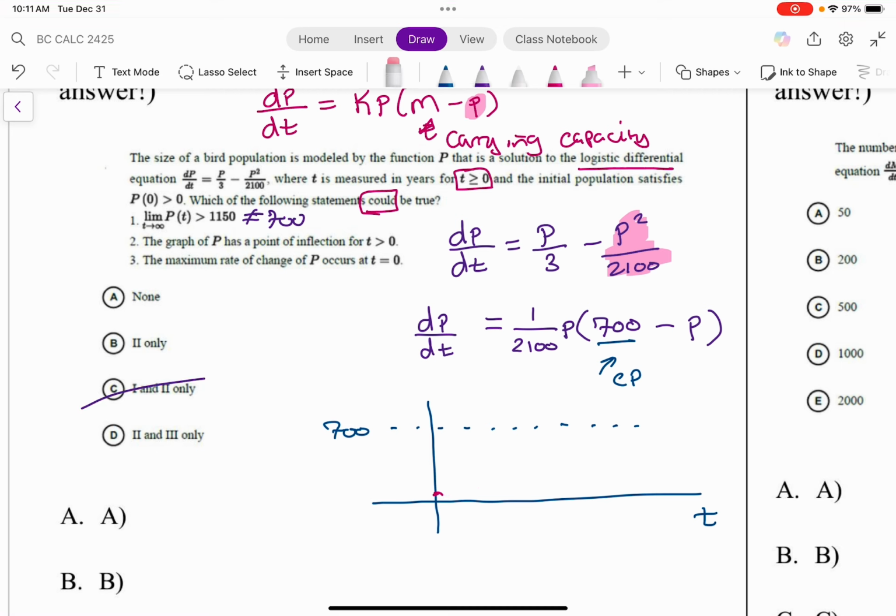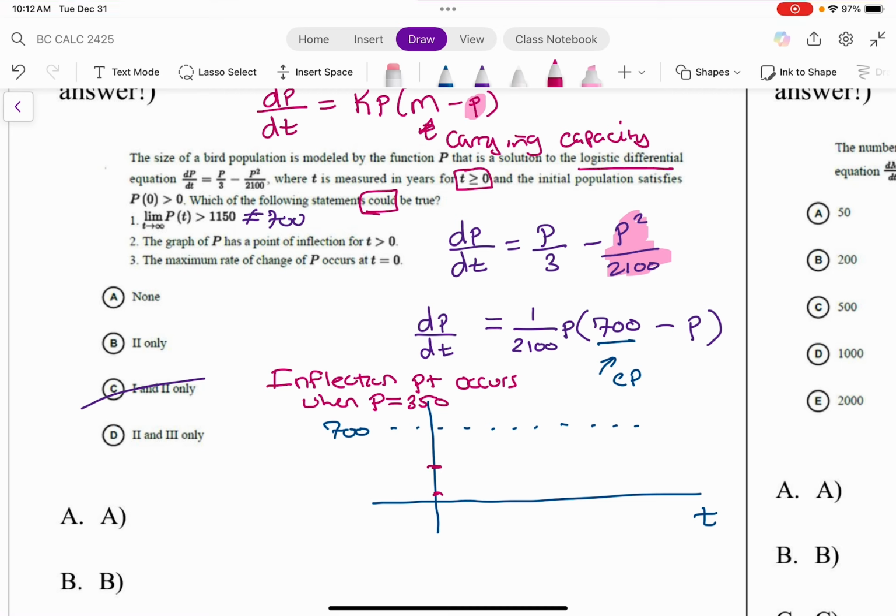Okay, let me erase this for a second. What's tricky about this says the graph of p has an inflection point for t being greater than 0. Remember that the inflection happens at half the carrying capacity. Okay, that occurs when p is equal to 350.